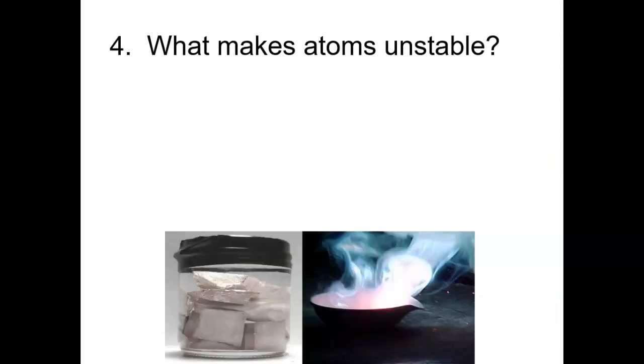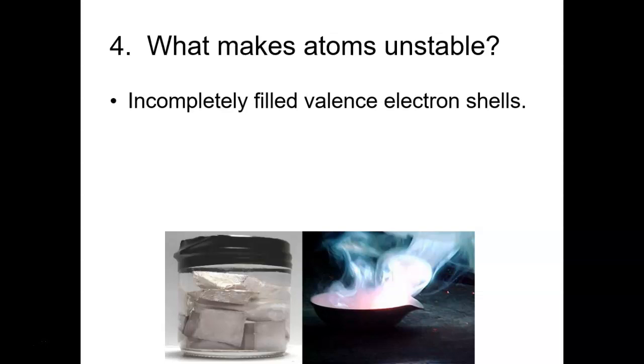All right, let's move on to question number 4. What makes atoms unstable? Well, we talked about this a little bit when we talked about the periodic table too, because we talked about, for instance, the alkali metals and the alkaline earth metals and the fact that they tend to react sometimes very violently with other substances.